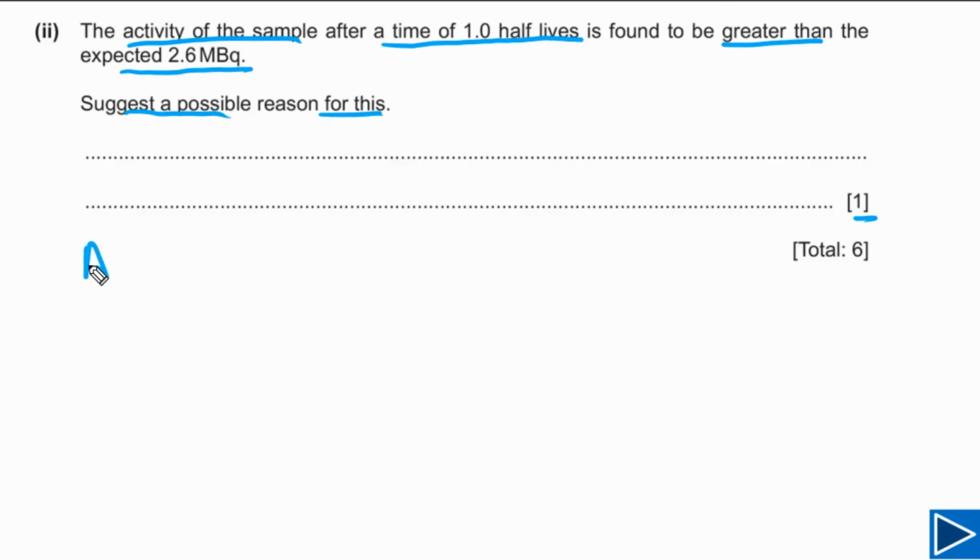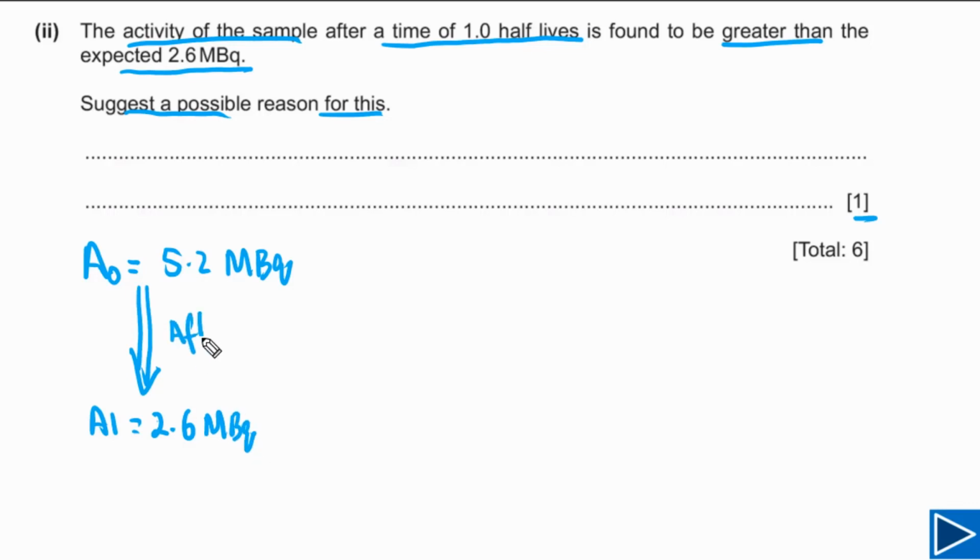In the question, it is given to us that the initial activity of the sample was 5.2 mega BQ. And after 1/2 life, it has to decrease to half, means the activity should be 2.6 mega BQ.